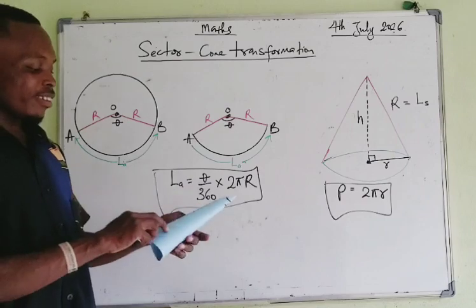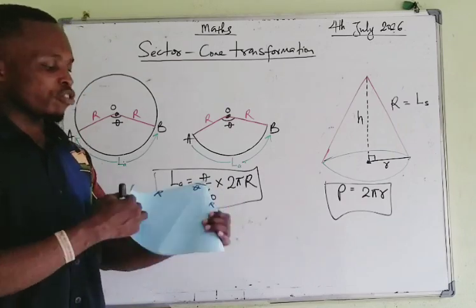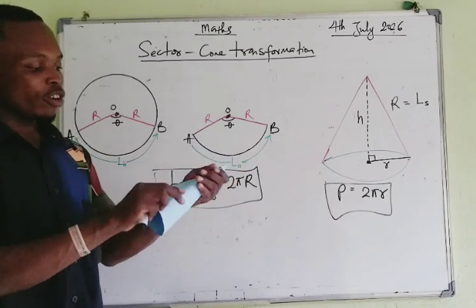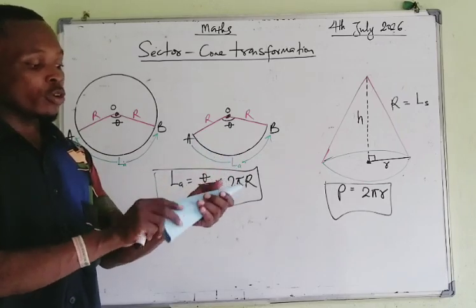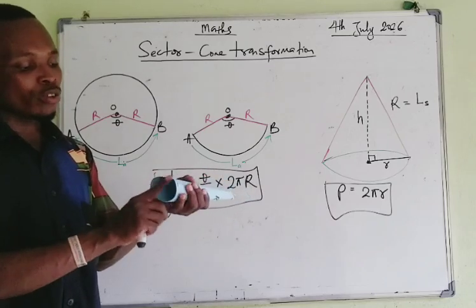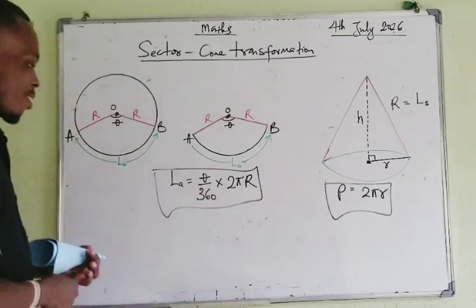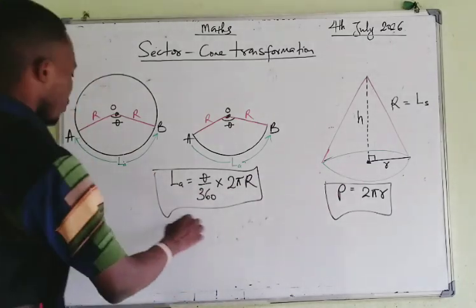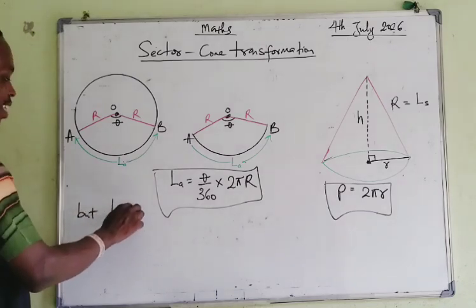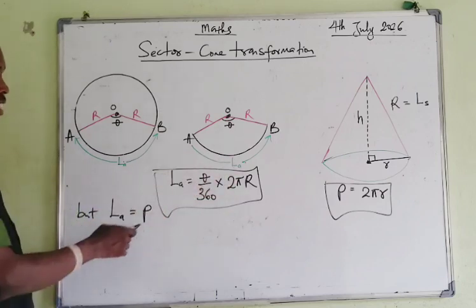Like I just said, in sector cone transformation, the length of the arc becomes equal to the perimeter of the circular base of the new cone formed. Since these two are equal, let's equate them.